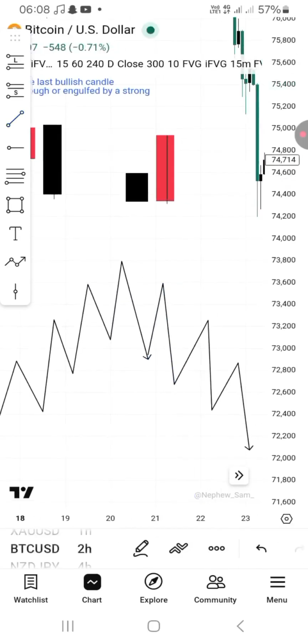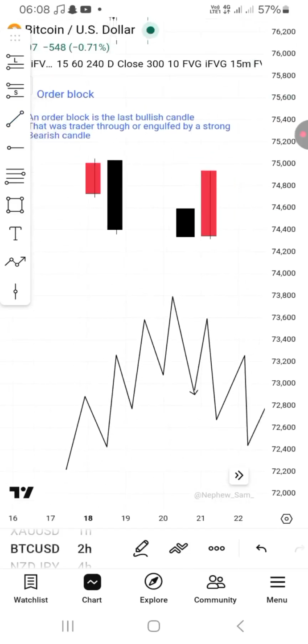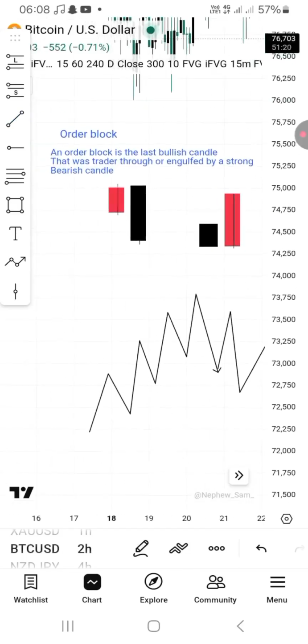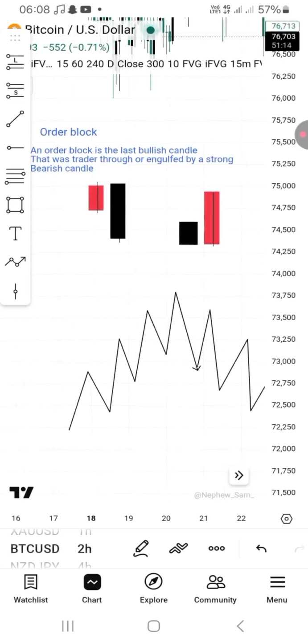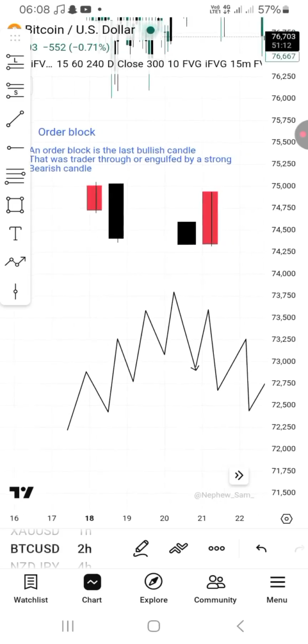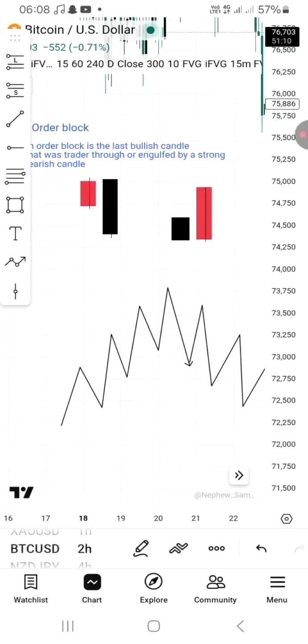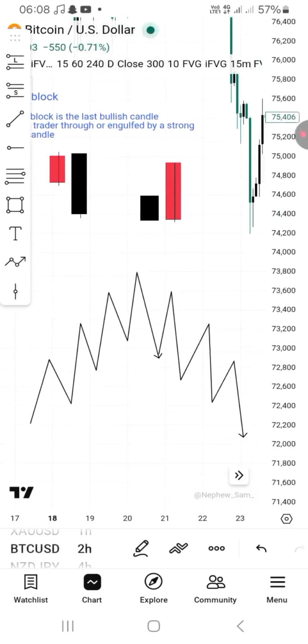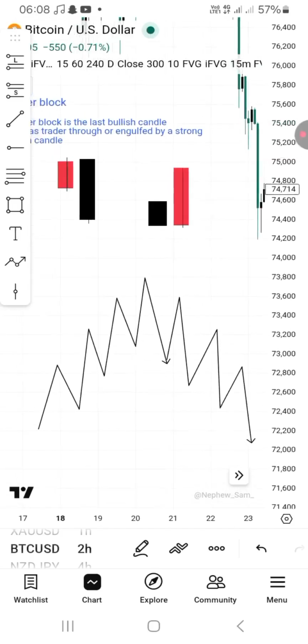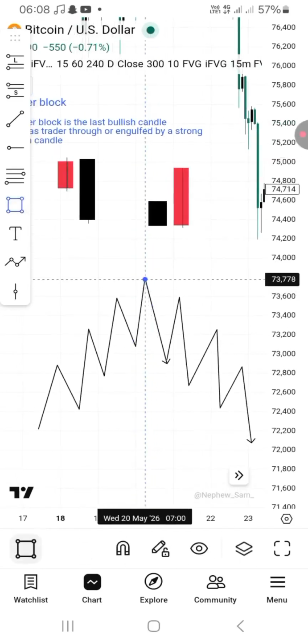So to truly identify an order block, remember we said an order block for a bearish market is a bullish candle that was traded through or engulfed by a strong bearish candle. So this is just exactly what it is. In your chart, you will see things like this.